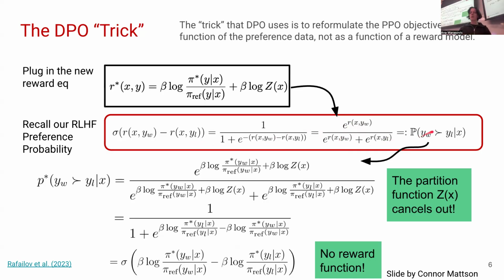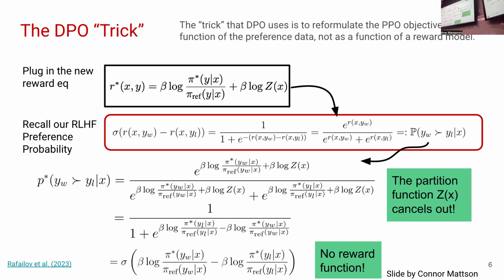So this is our likelihood that the winning response is preferred under our reward model. We can define it like that. Is that clear? This red box is repeating what we saw last time, but I want to make sure we are okay with that definition.